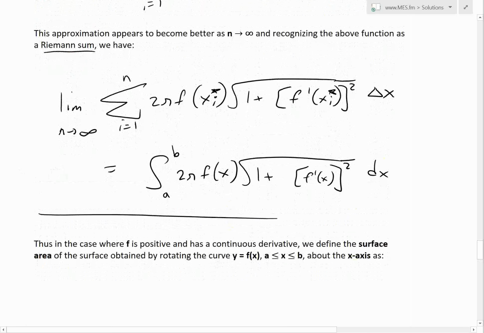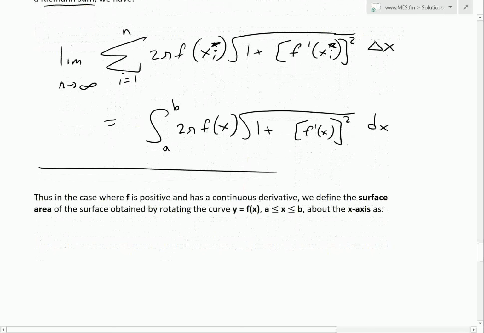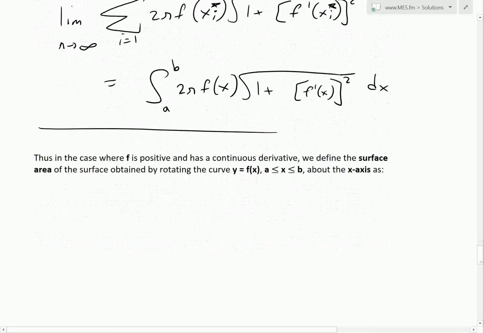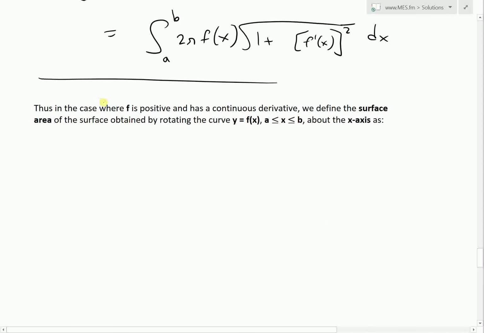Now that we've derived the surface area of the entire shape formed when you rotate that curve around the axis as an integral, we can just sum it up.